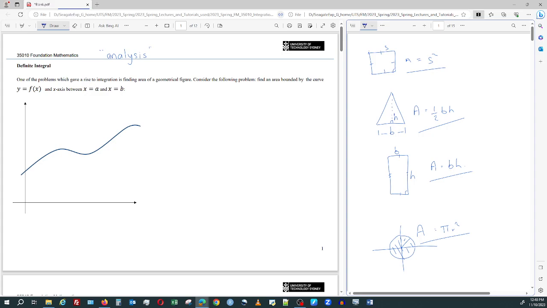So it would be helpful, wouldn't it, to have an area that is related to irregular shapes.